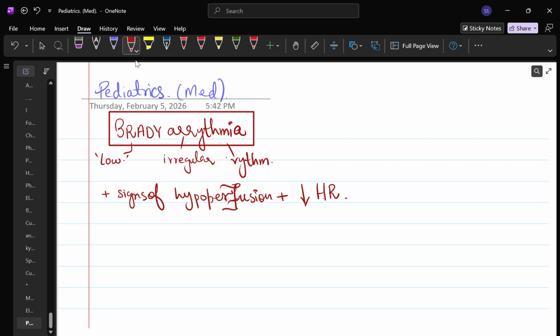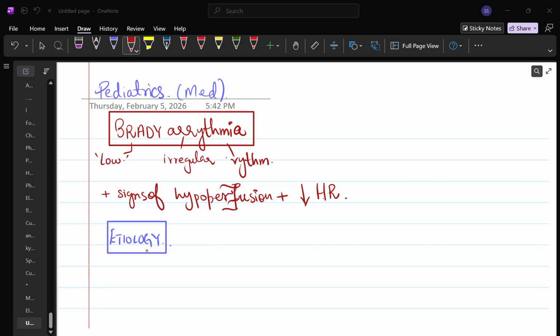Now what could be the possible etiology of bradyarrhythmia? Let's talk about etiology. We just defined it as the low irregular rhythm of the heart, characterized by signs of hypoperfusion and reduced heart rate. The etiology would include the following.